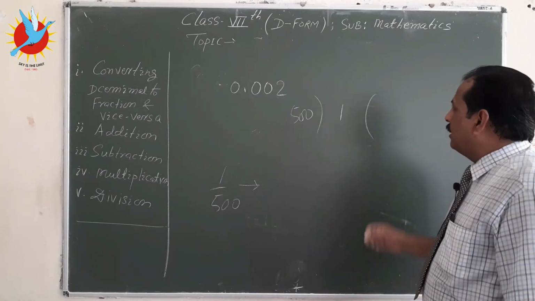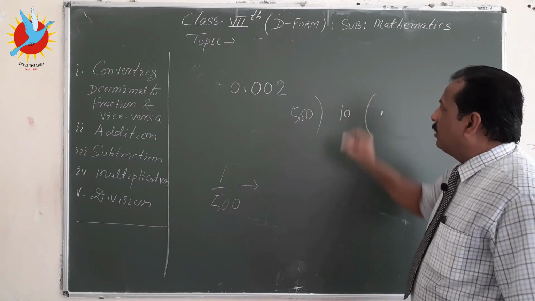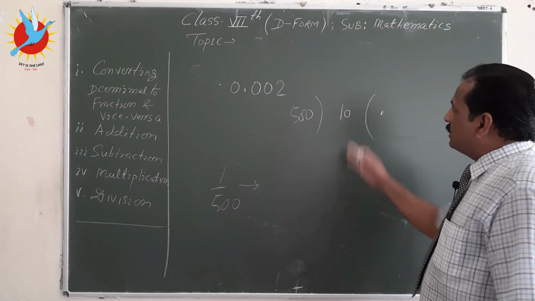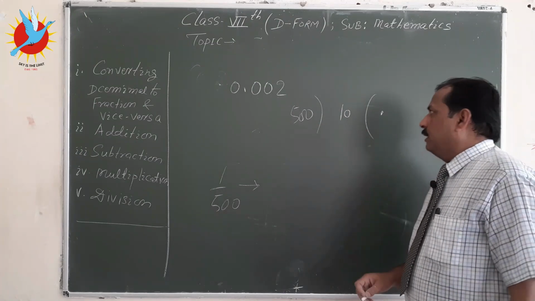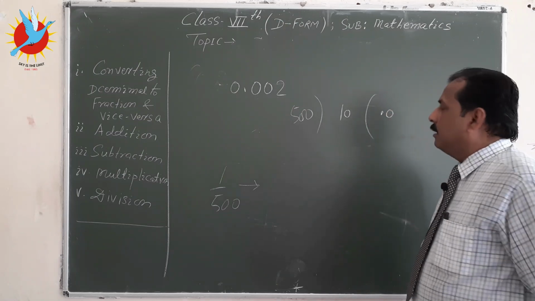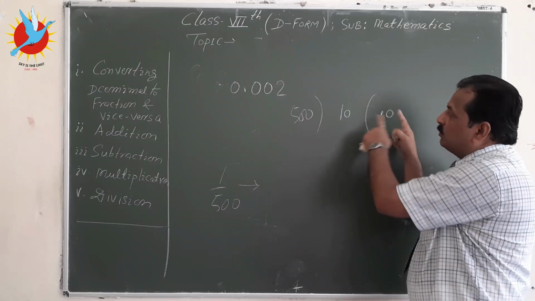and this 1 is less, so put a decimal, and then this will become 10 because we shall be getting 0. So this 10 is still less than 500. We need one more 0. So right in the beginning we need to put 0 to get 0.